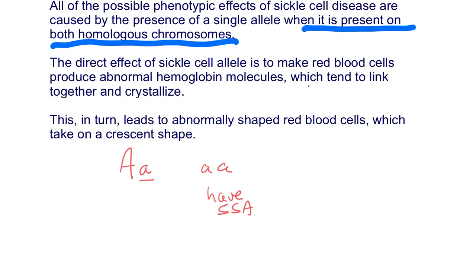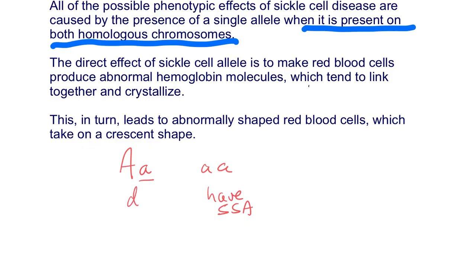If you are heterozygous, big A, little a, you produce both normal cells and a few sickle cells under low oxygen conditions, but you won't feel any effects.